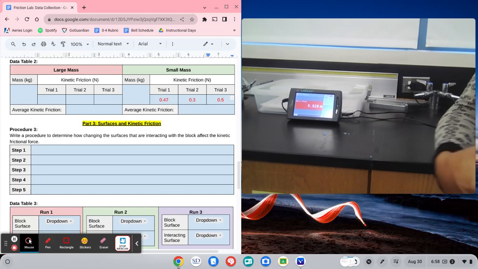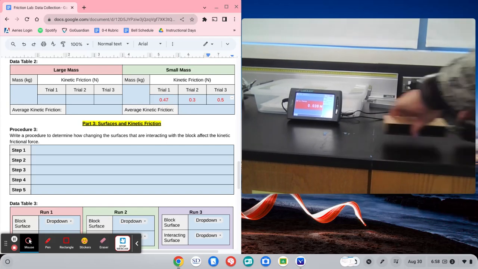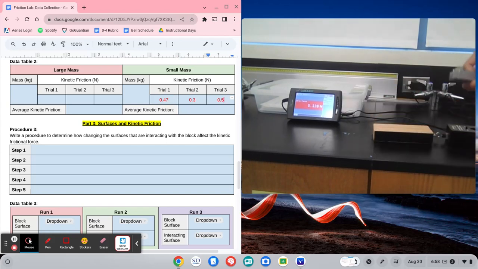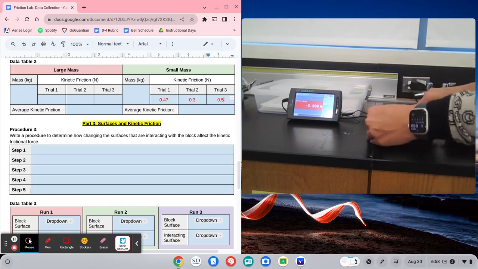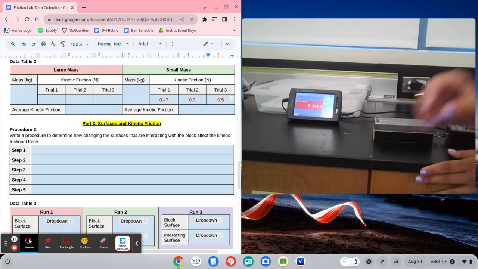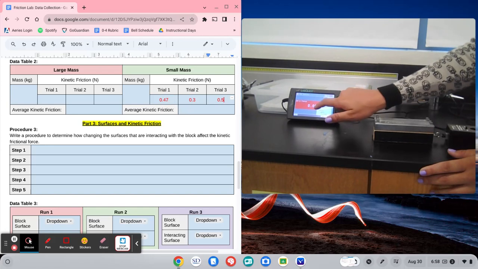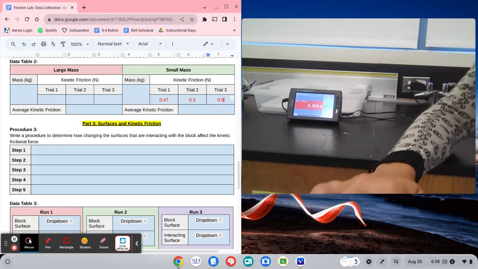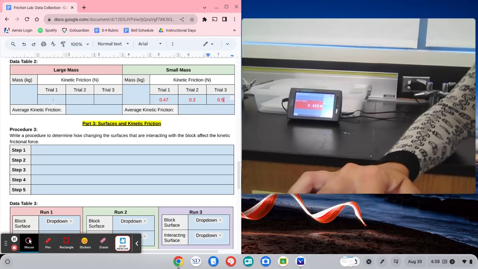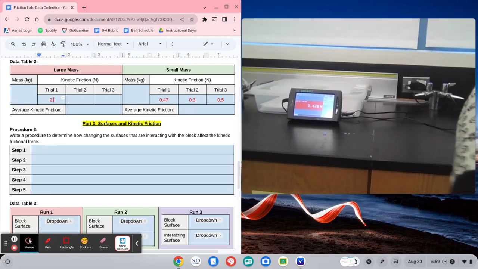On the left-hand side here, I'm going to do it for a larger mass. So I'm going to put my bar masses on top now. I'm going to go ahead and zero it out. One was 2.3. Do it 2 more times.